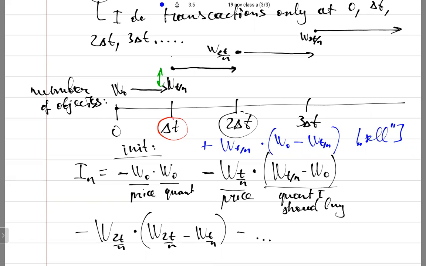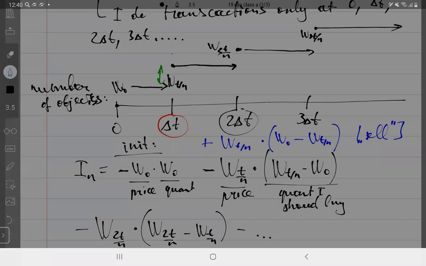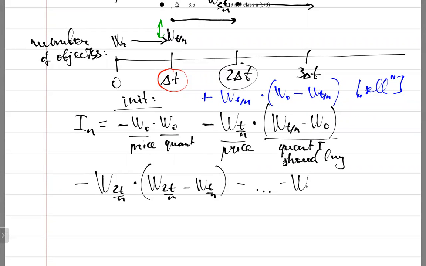Okay, so let's go on, and the last term will be minus W_NTN, because I have n segments, multiplied by W_NTN minus W_(N-1)T over N. And there will be a last term.